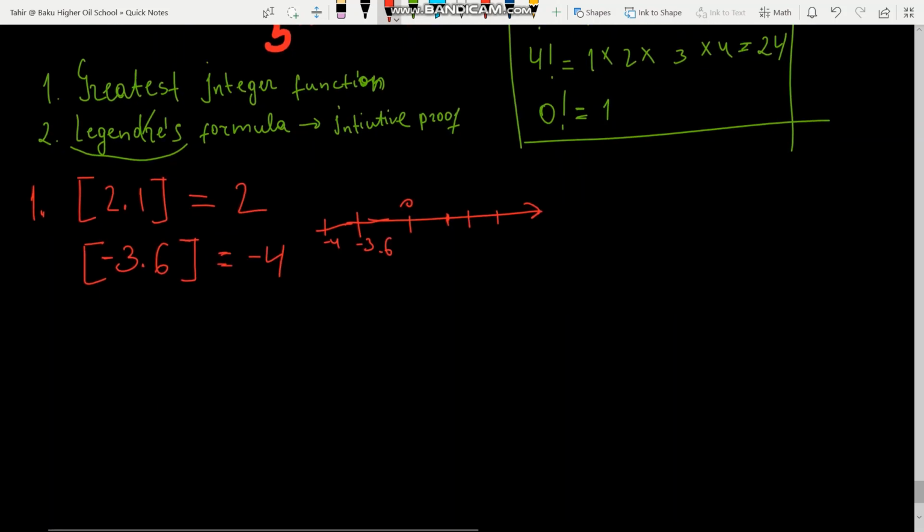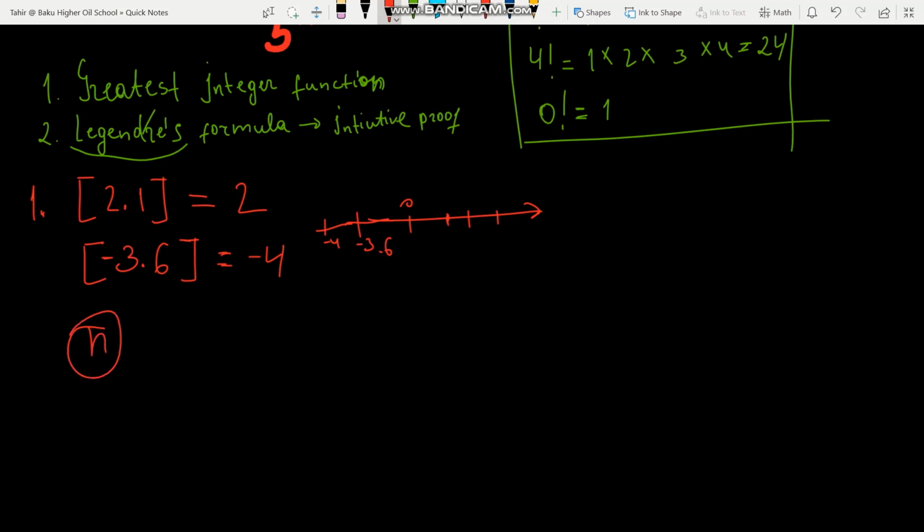And what is Legendre's formula? We will just state the intuitive proof of this theorem. Let's state that n is our number and we want to find the maximum power of p, where p is a prime number.